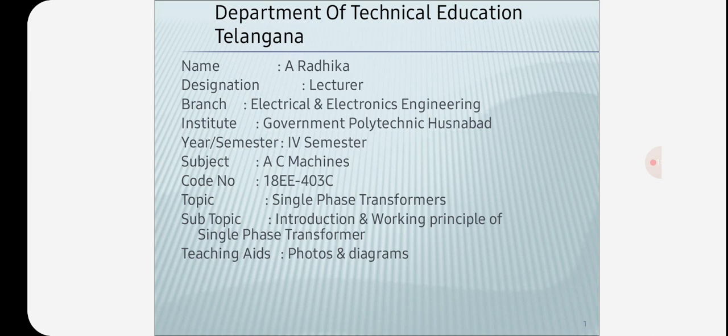In this we will discuss the introduction of single phase transformers, the working principle of single phase transformers, and classification.